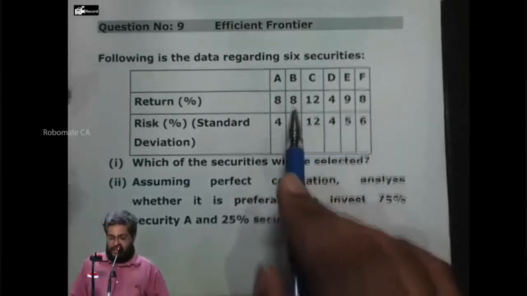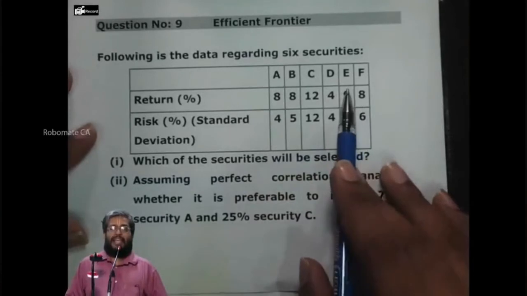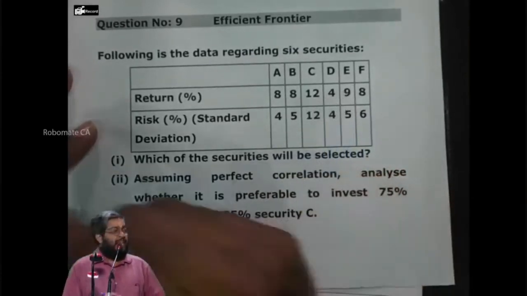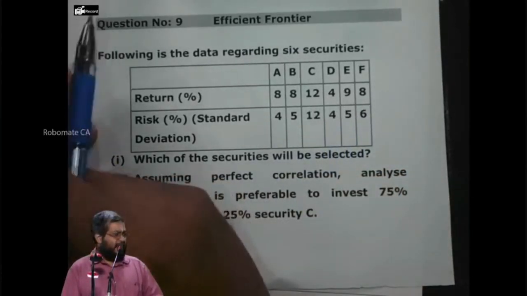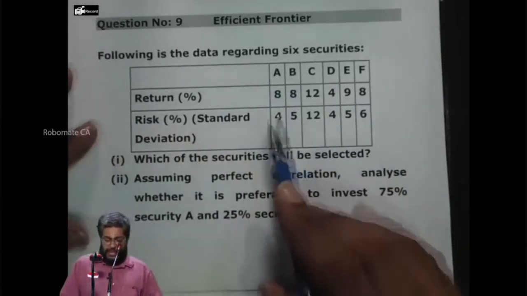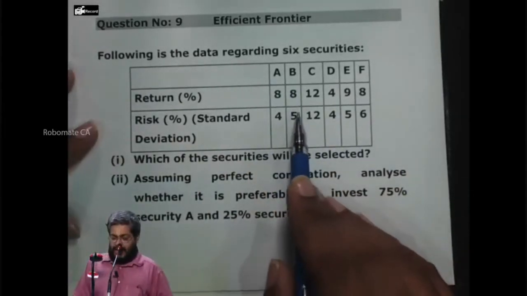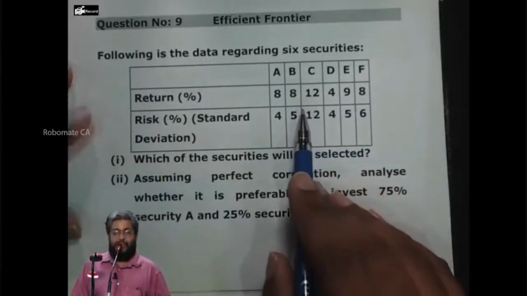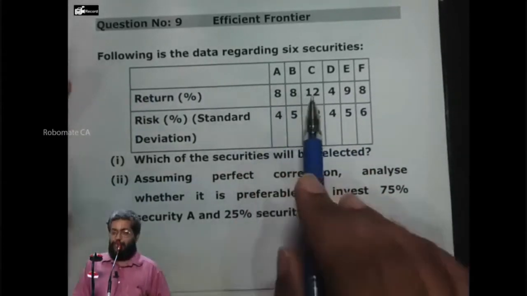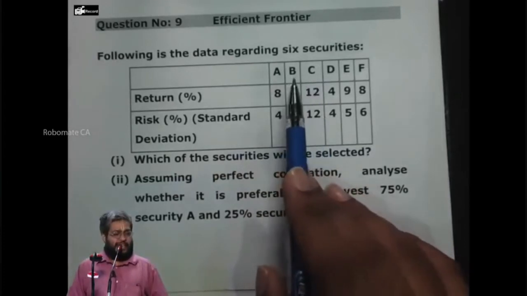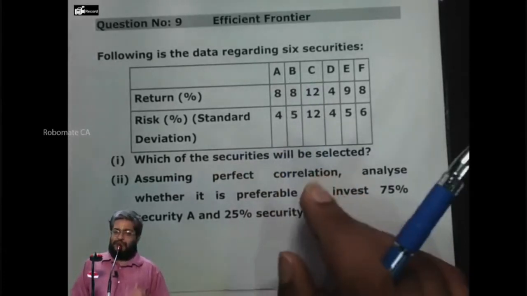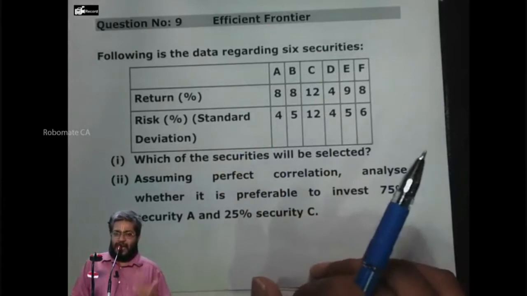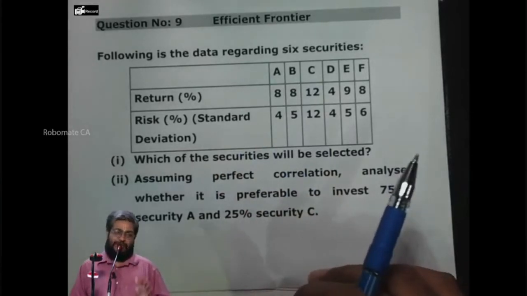Let us see which securities are efficient and which are inefficient. If I identify the inefficient ones, the remaining are efficient. Tell me, is security A efficient or inefficient? All of you, tell me what is an inefficient security? One for which another exists that gives a higher return for a lower risk, a higher return for the same risk, or the same return for a lower risk.